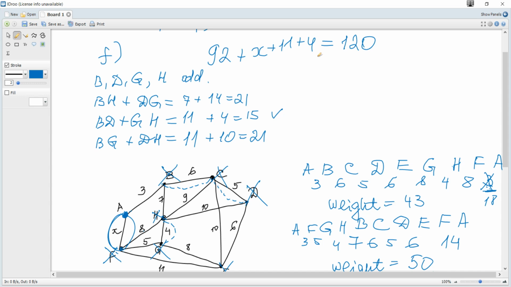Or if we consider the new graph, it's the sum of all previous edges plus the added edges, so the total weight becomes this, and it is given that it's 120, and just x is required. Just solve for x, and you can see that x is 13. And that's all for this question.